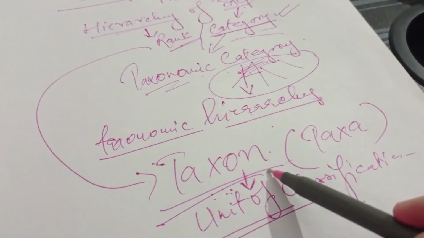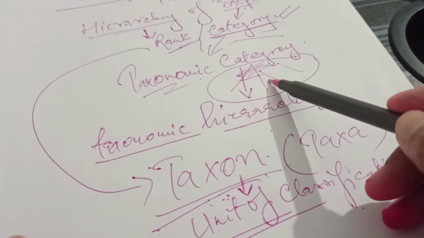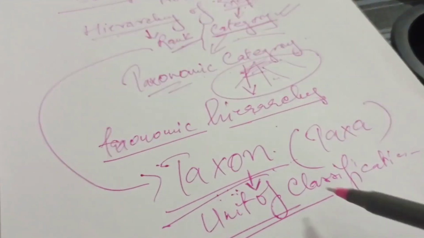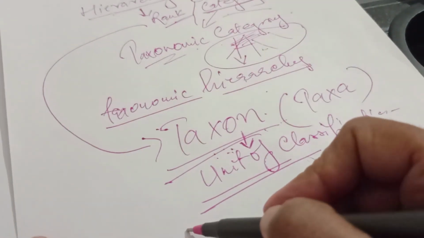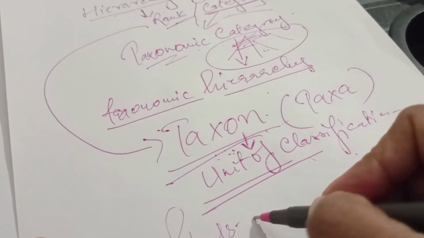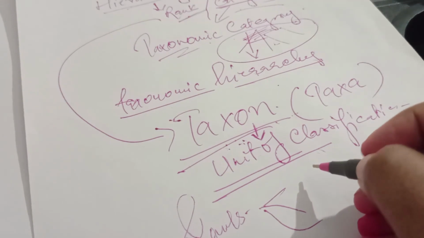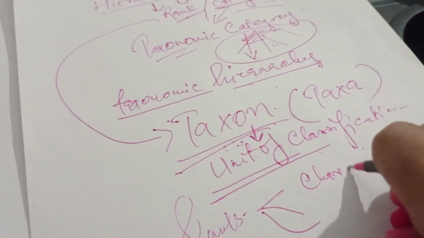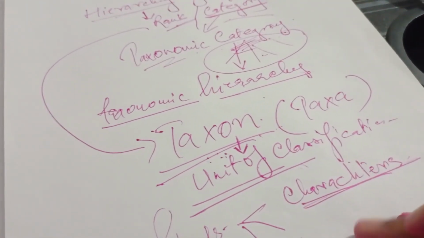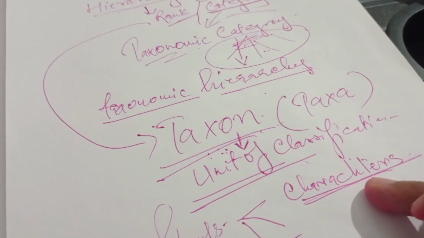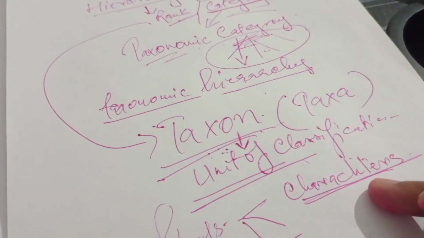Now, there is not a single category. There are many categories because there are a variety of organisms. Now, how is this categorization done, how are these categories and ranks made? Simple, as I told you in the previous class also, based on some characters. We have to identify some characters of the organisms, and by looking into those characters, we put them in different categories.